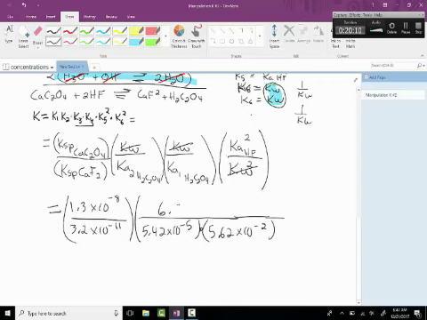That's 6.8 times 10 to the minus 4th, squared. And I'm good to go. I just have to solve that. The answer is 61.67. Okay, so there's two complicated problems.